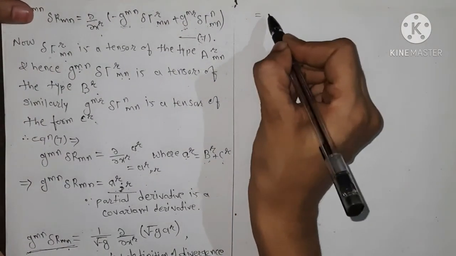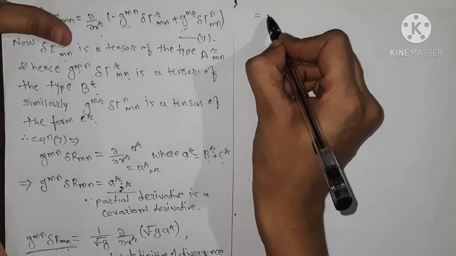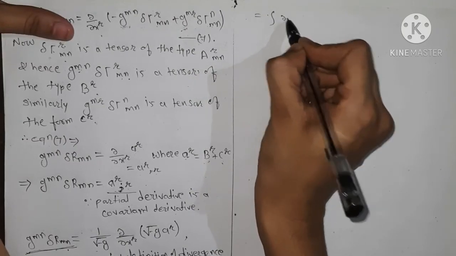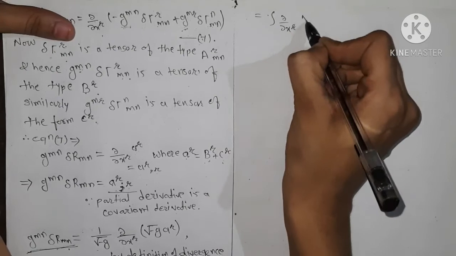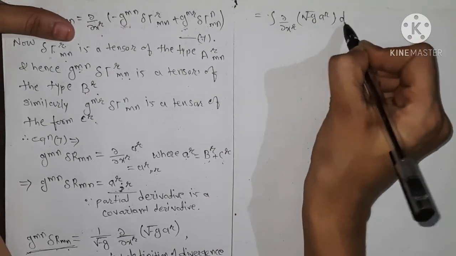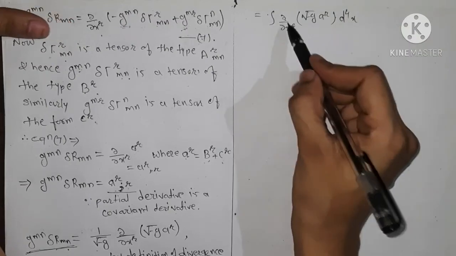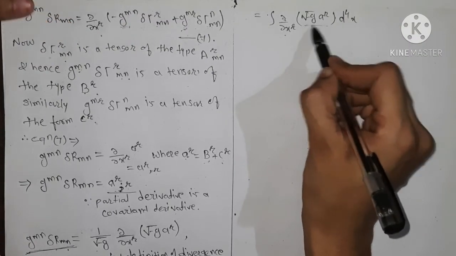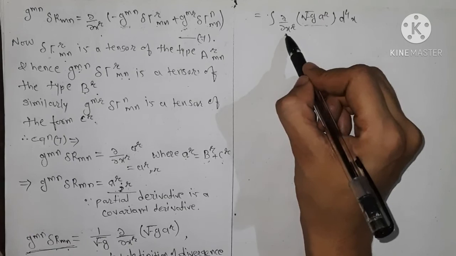That is equal to the integral of ∂/∂x^r of under root of minus g A^r d^4x.